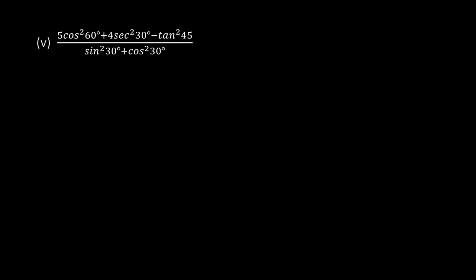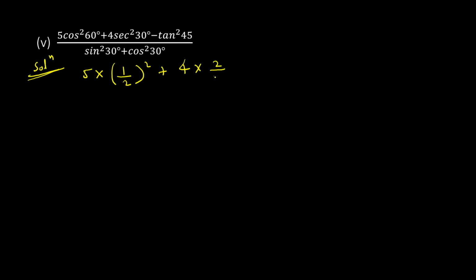Now the last part of question number first: 5 cos square 60. So we will solve it. Solution: 5 cos square 60. So 5 into, what is the value of cos 60? Cos 60 is 1 by 2 and its whole square, plus 4 into, what is the value of sec 30?